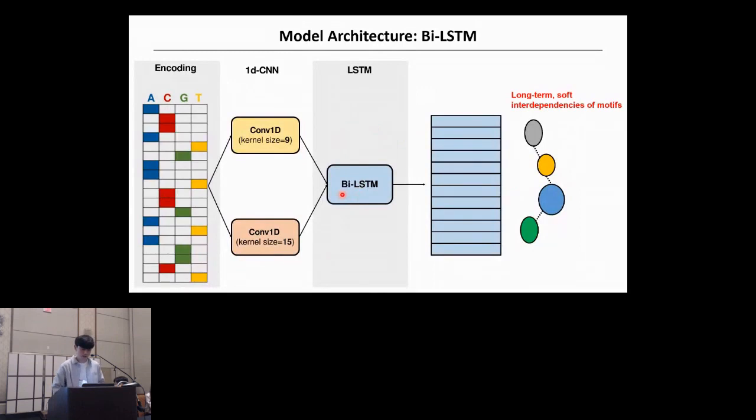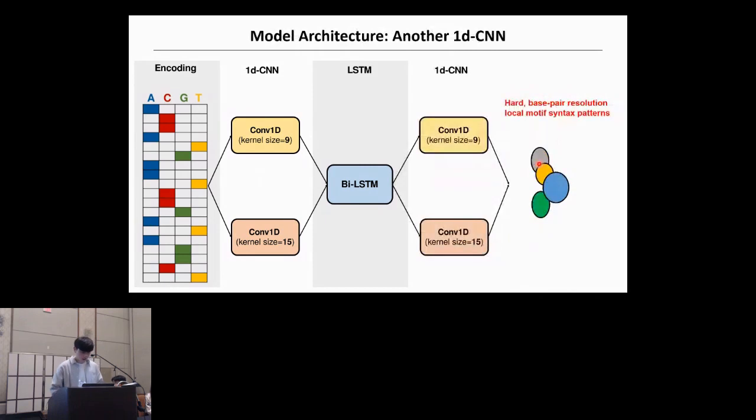This bidirectional LSTM is responsible for modeling the soft interdependencies or interactions between TF binding motifs captured by the previous CNN layer. These blue vectors that represent the soft dependencies are fed into another 1D CNN layer. We expected that the second convolutional layer will consolidate the soft dependencies between motifs captured by the previous LSTM layer into the hard or base pair resolution dependencies.